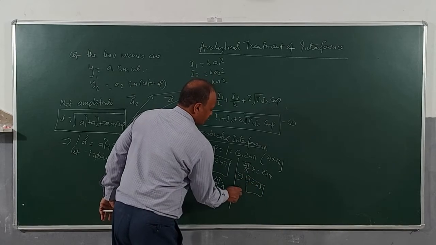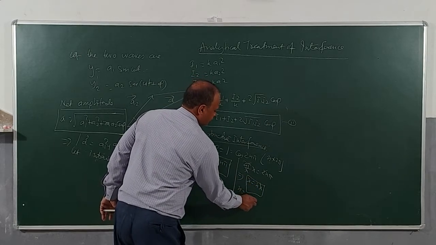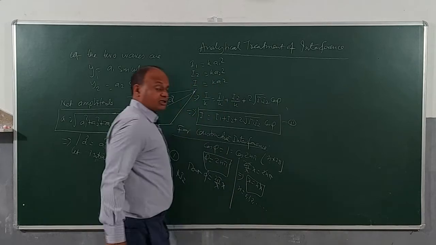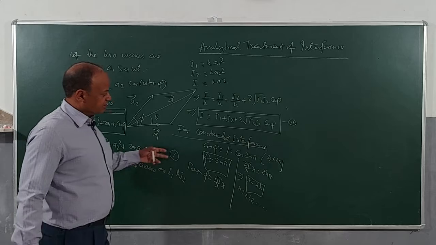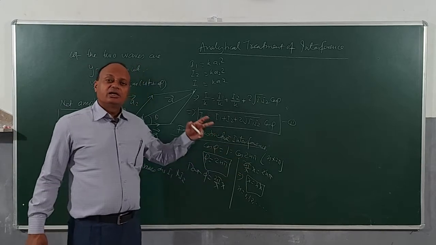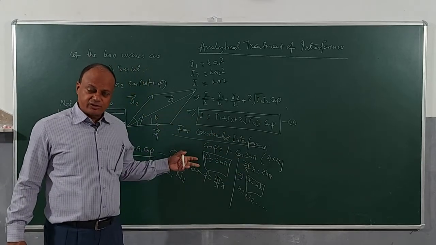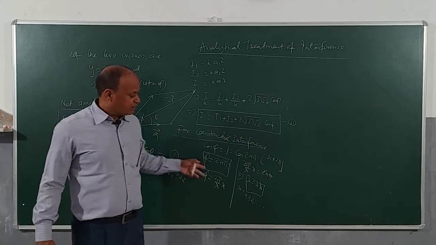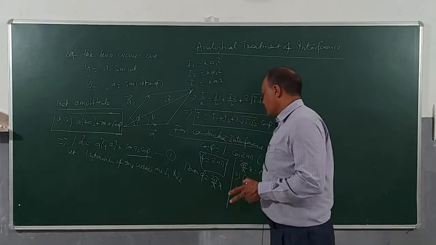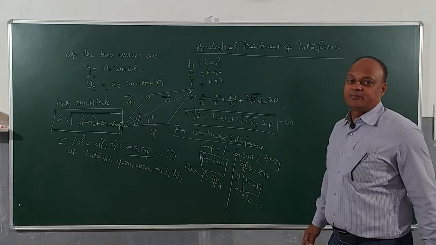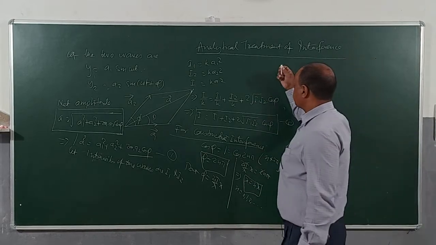And in this case, you can take all the values of n starting from 0, 1, 2. So this is the condition for constructive interference, or formation of a bright fringe or a maximum, that we discussed in the second video. The conditions were simply stated but not proved. You can take this as a proof also, it may come in the exam.